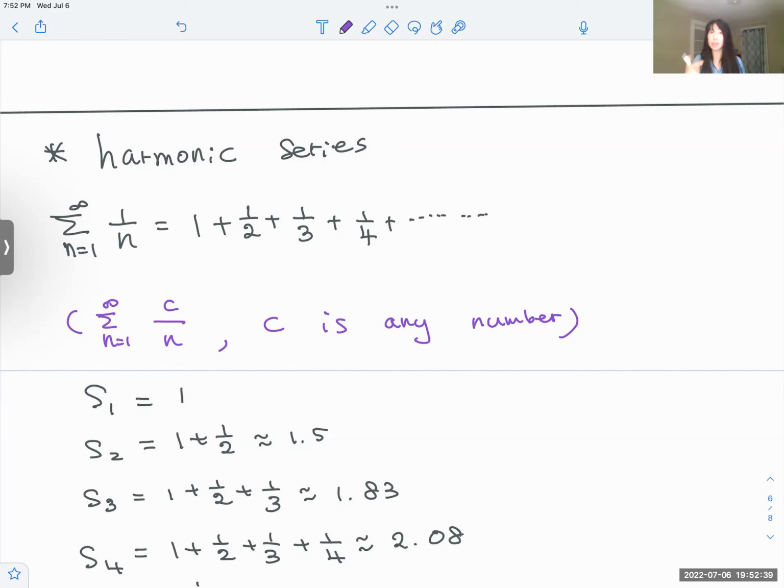The harmonic series diverges because the partial sum approaches infinity. For the geometric series, we have a special form and check the ratio R. If the ratio is smaller than 1, it converges to A over 1 minus R, and it diverges if the ratio is bigger than 1.